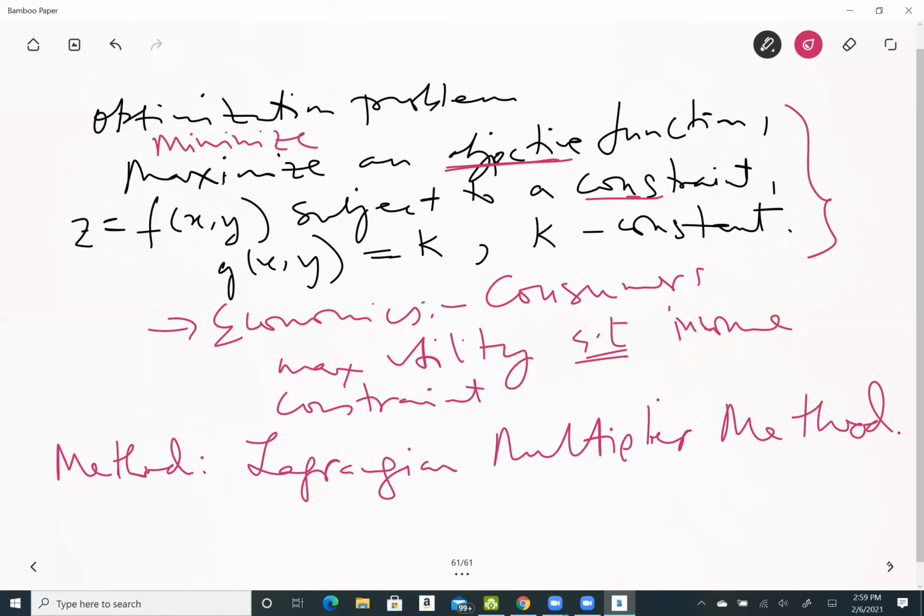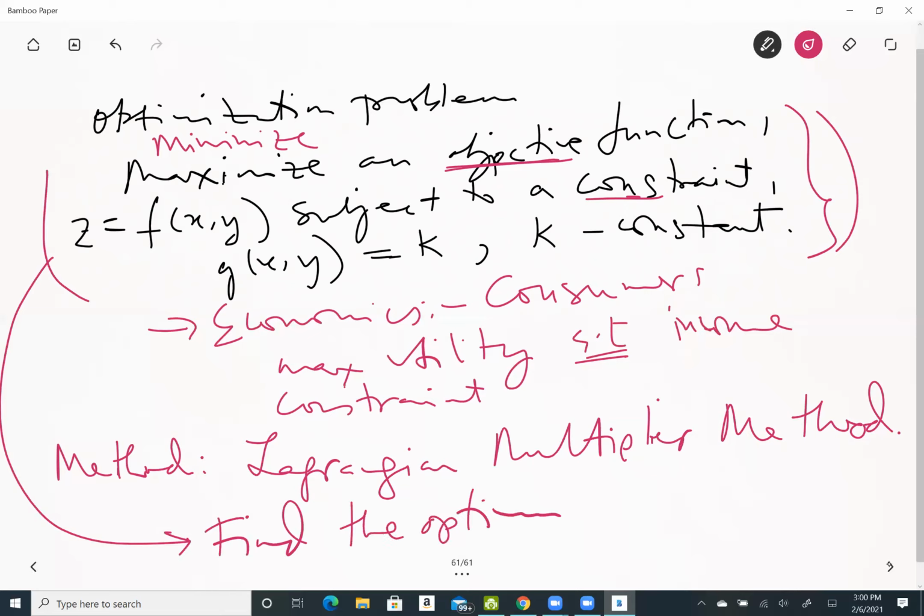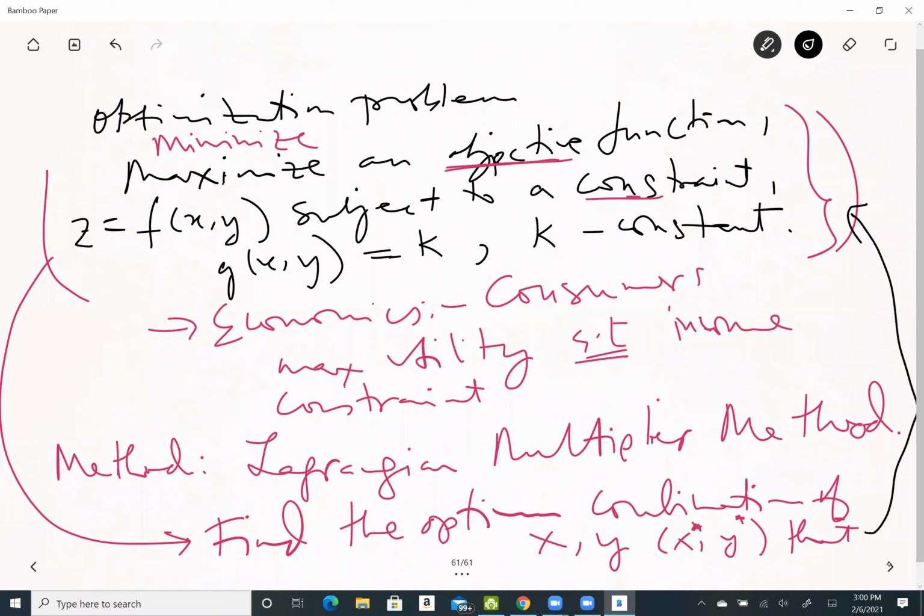When you want to solve the problem, you want to find the optimum point, the optimum combination of X and Y. We call it X star, Y star, that solves our problem, that maximizes or minimizes the objective given the constraint.